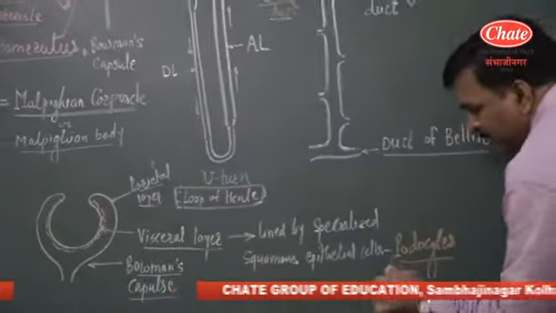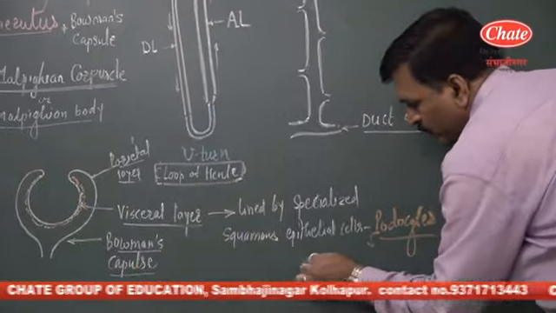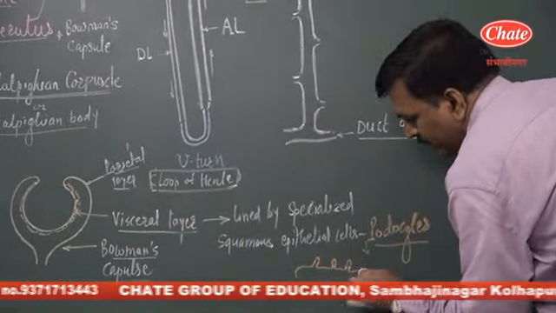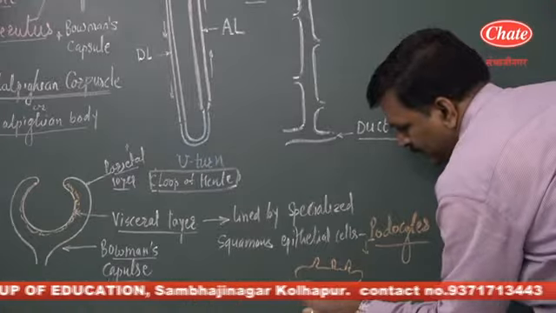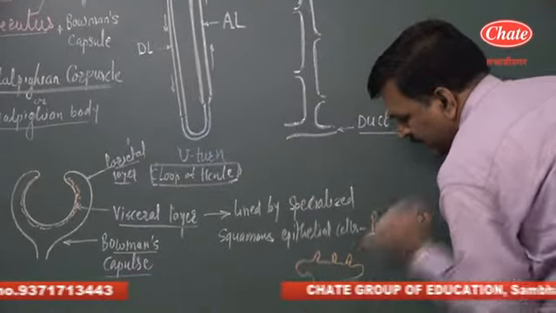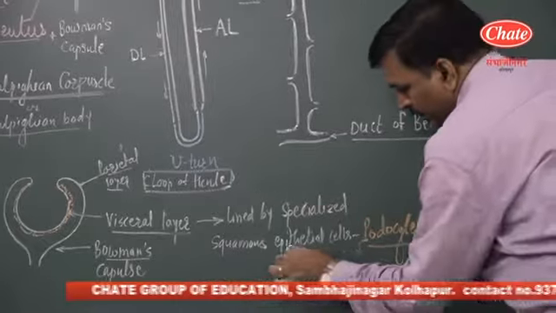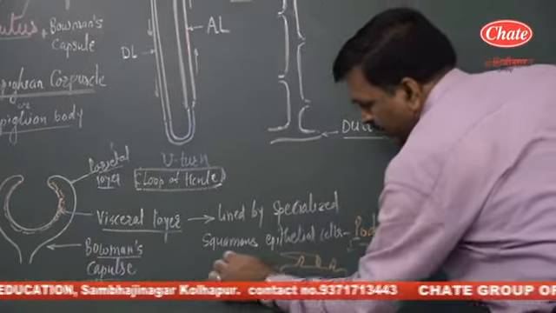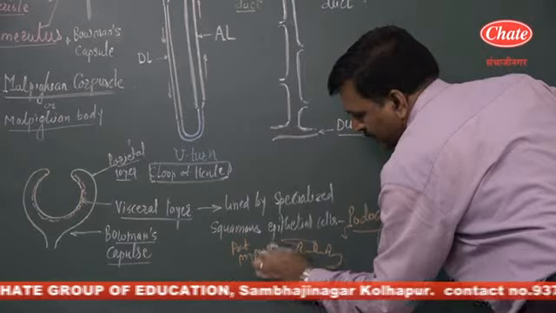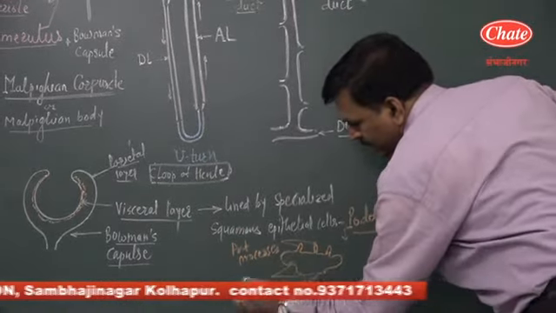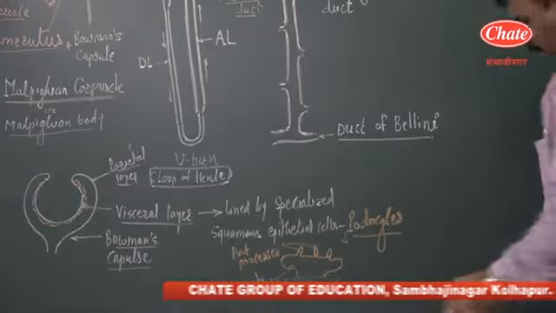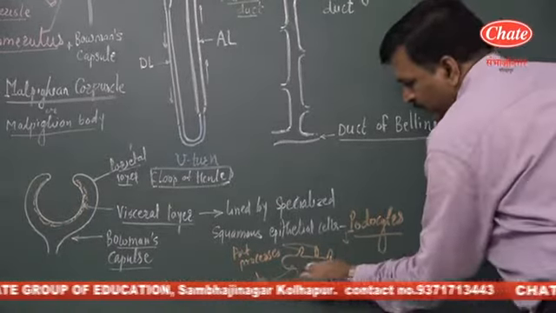When we focus on the simple structure of a podocyte, these podocytes have foot processes like this, and microscopic slits are associated. The peculiarity of podocytes is that they have foot processes and slits, or pores.